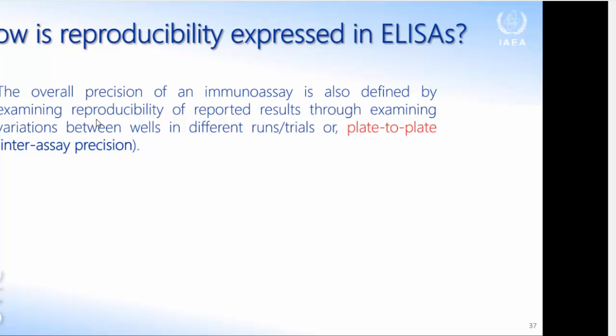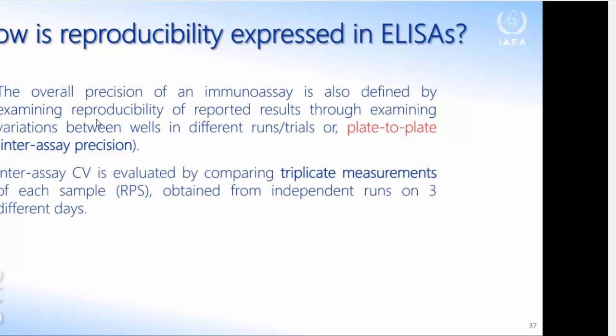All this will give us the inter-assay precision. The inter-assay coefficient of variation is evaluated by comparing triplicate measurements of each sample included in the repeatability panel, obtained from independent runs on 3 different days.